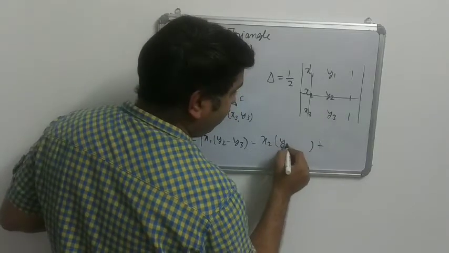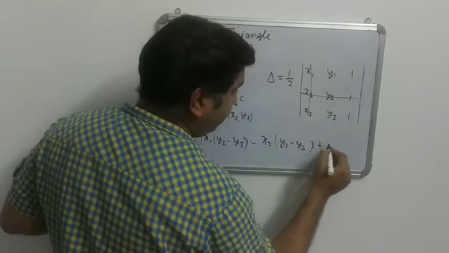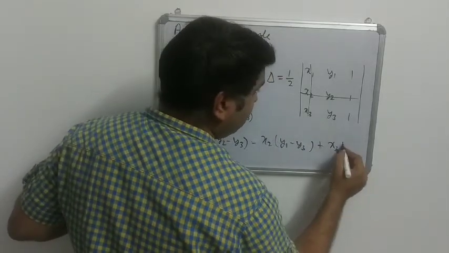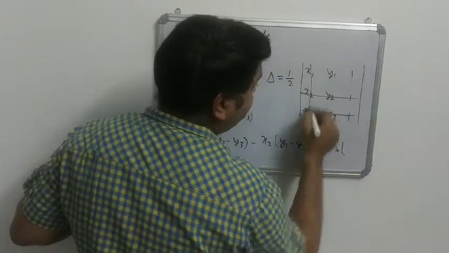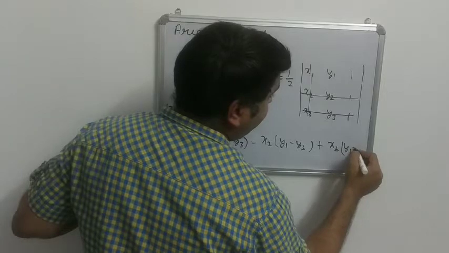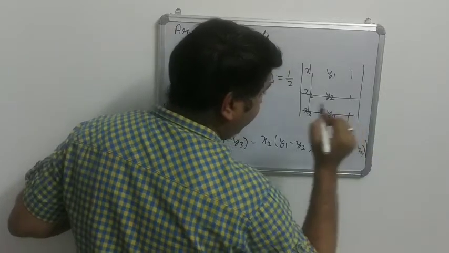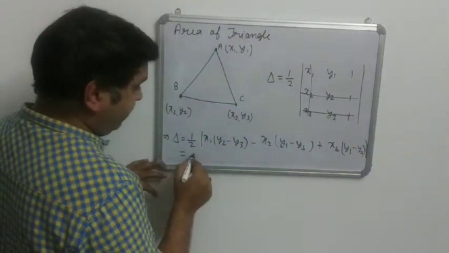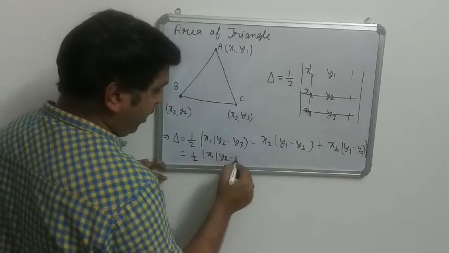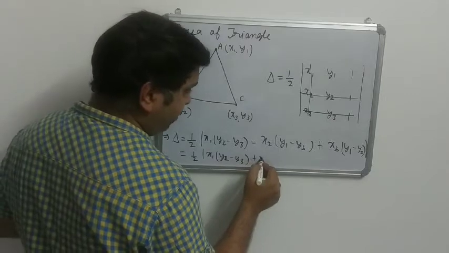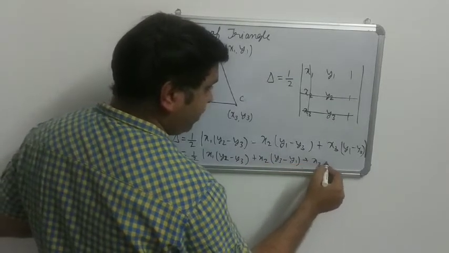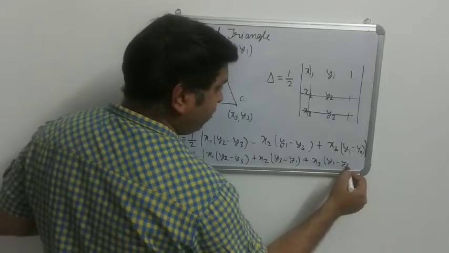Okay, so y1 minus y3 plus x3, so you have to cancel this. Okay, so it will be y1 minus y2. Okay, so when you solve, it will be x1 (y2 minus y3) plus x2 (y3 minus y1) plus x3 (y1 minus y2).